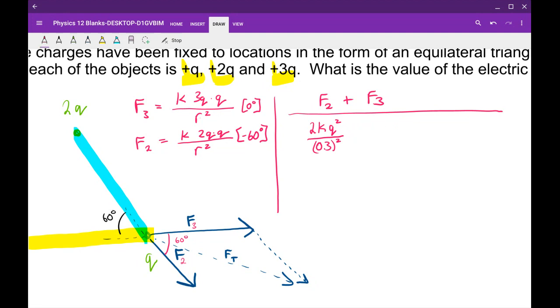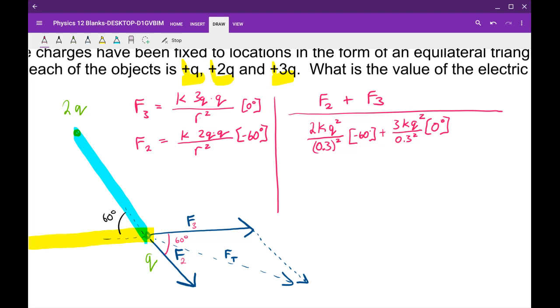Let's keep our negative 60 plus 3kq squared over 0.3 squared at 0 degrees. Okay.